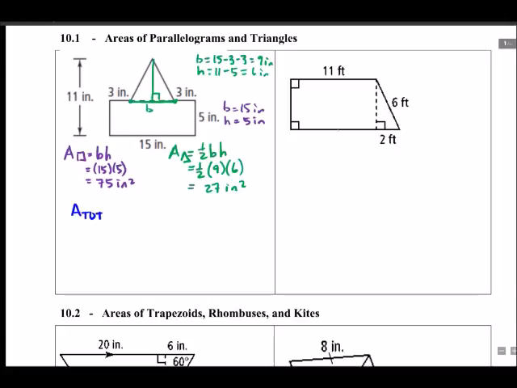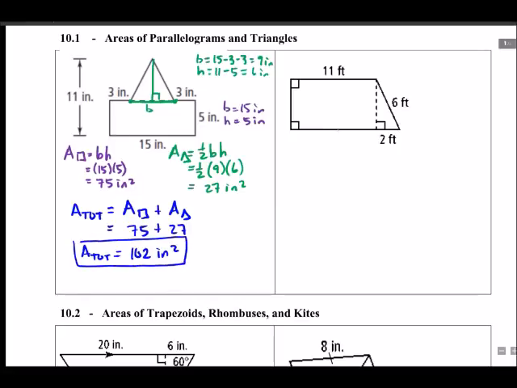This is a glue stick problem, so the total area is the area of the rectangle plus the area of the triangle, so that simply equals 75 plus 27. Our total area equals 102 inches squared. So those are easy enough.